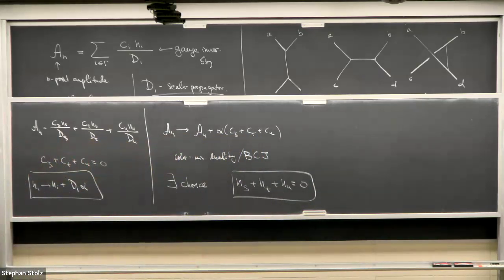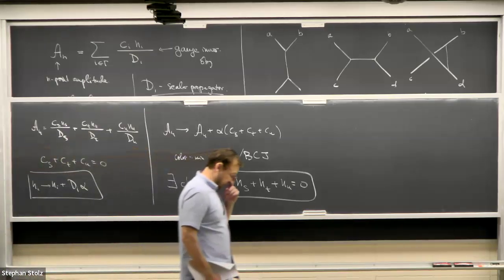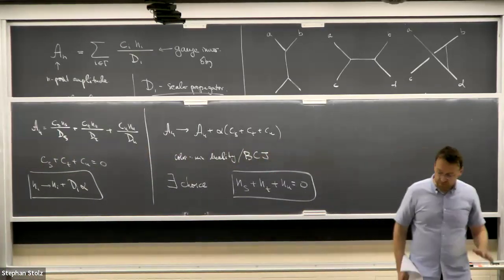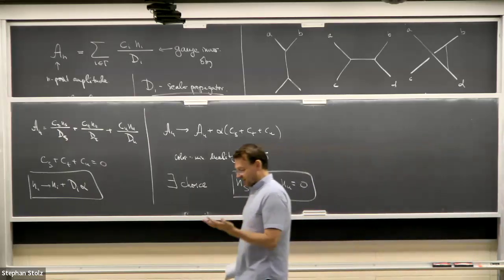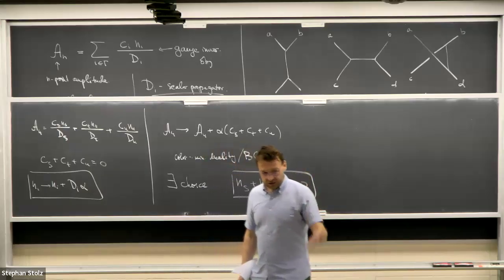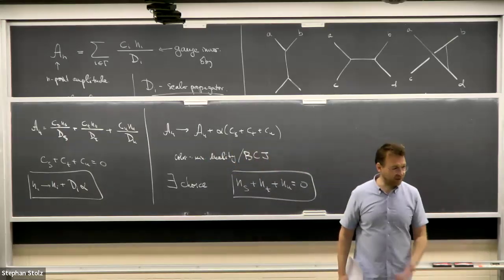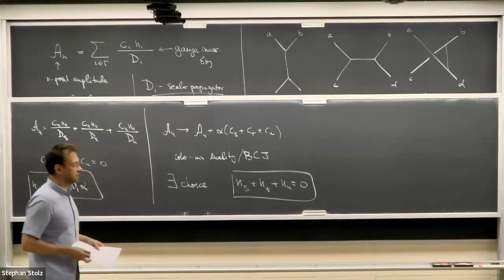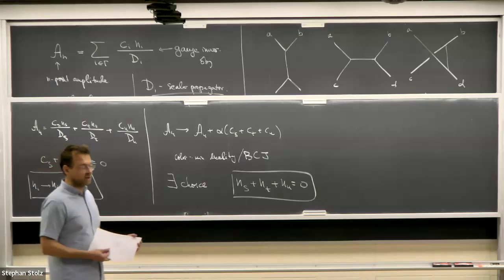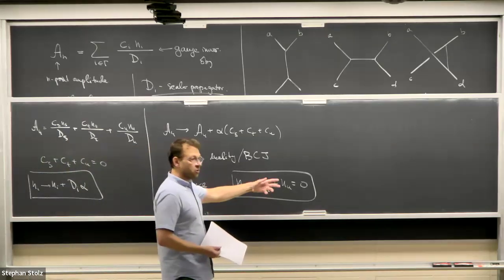It has been conjectured, let me say, this is an experimental fact. It's not proven, but it's an experimental fact. You take a theory, you calculate it, you put it on a computer, whatever, you go to loops. You always can make a choice.